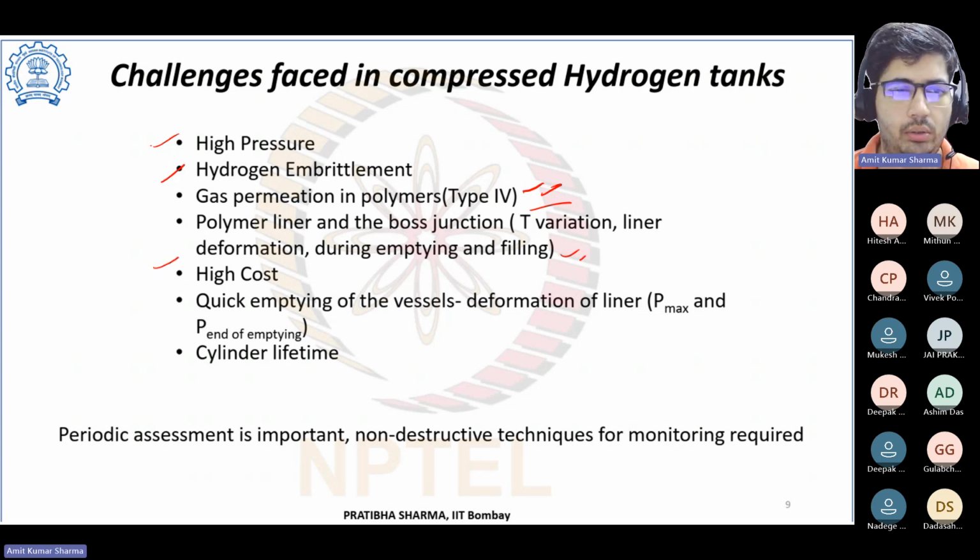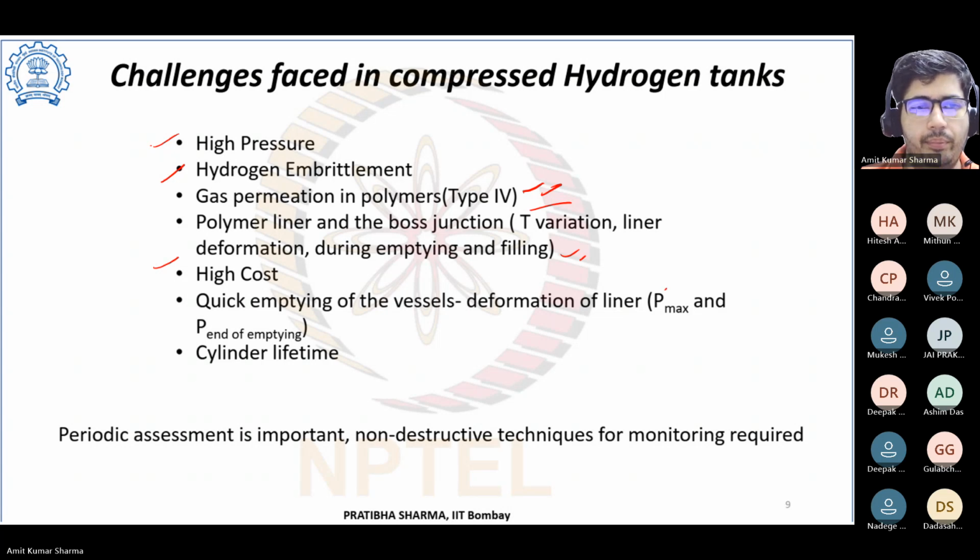High cost, because as we are increasing the type, the cost is increasing and the weight is reducing. The quick emptying of the vessel, deformation of liner, and cylinder lifetime. So to have proper functioning, the periodic assessment is important.